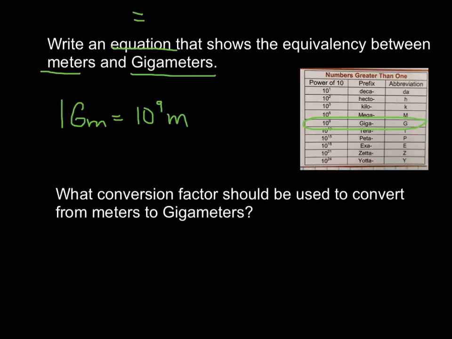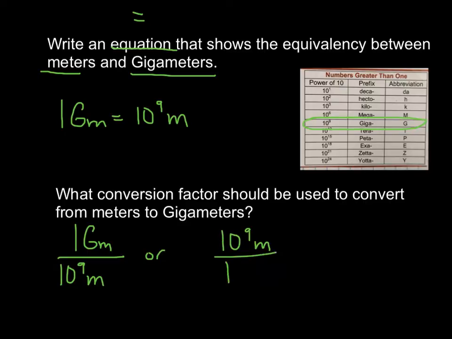So you can write that two ways. You can either write 1 gigameter over 10 to the 9th meters, or you can write 10 to the 9th meters over 1 gigameter. Either one of those works. It just depends on what you're trying to convert to or from. Okay? Alright, so let's do some examples.